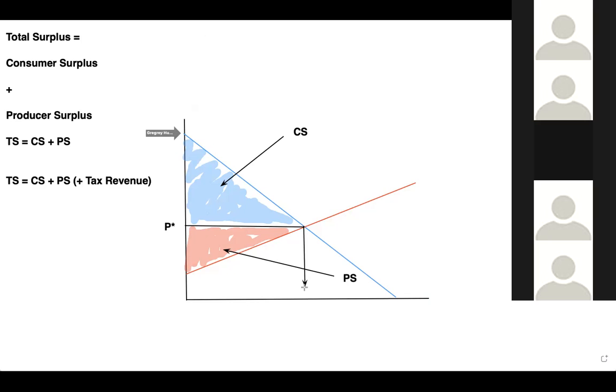Because down here I have Q star. It's supposed to be clear, but just in case you don't see it, this distance along the horizontal axis to Q star is the same as the distance here, right?